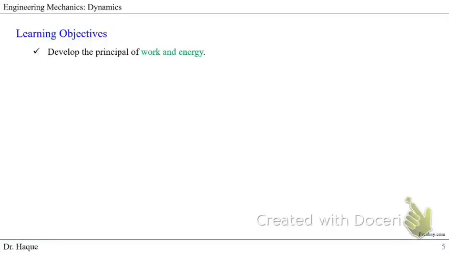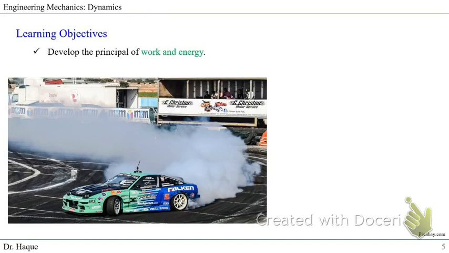So our learning objective today is to develop the principle of work and energy. An example would be in the image, where you see the car is skidding. How can we apply the concept to find how far the car may go before it stops, and what would be the final velocity if we know how far it will go before it stops?